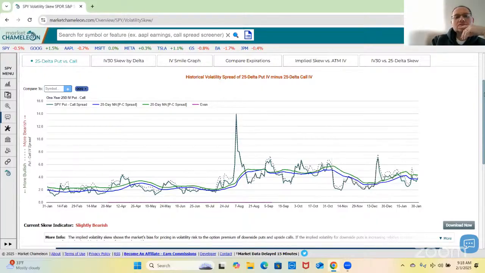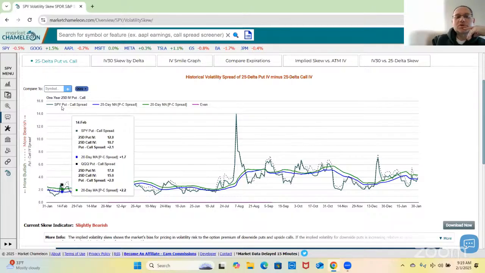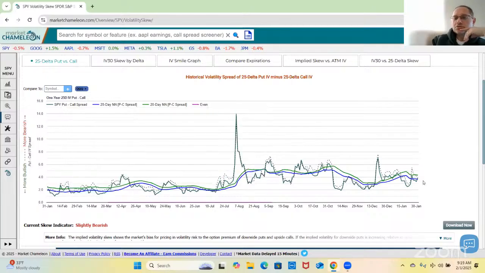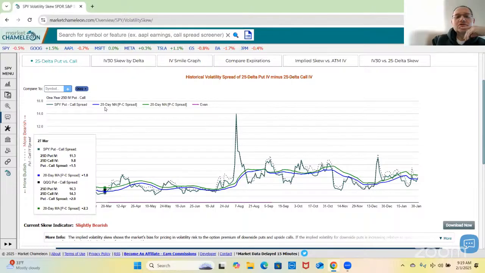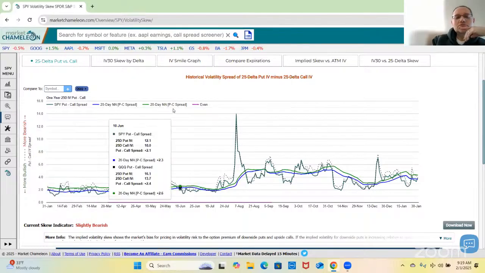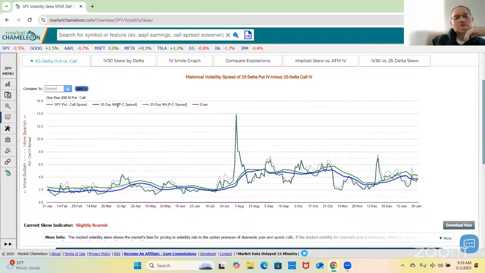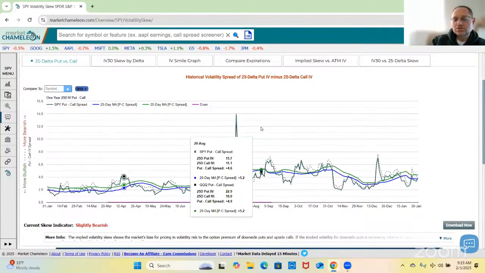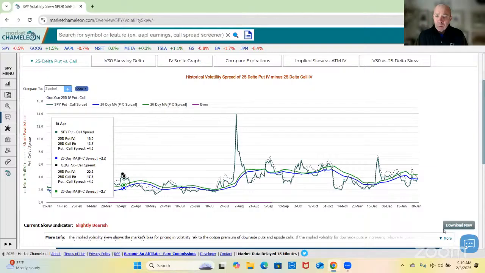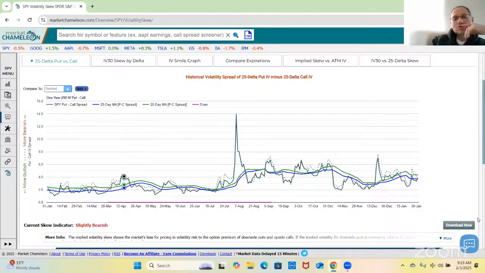And now we have the SPY skew in green, the 20-day moving average, and the skew in blue here.